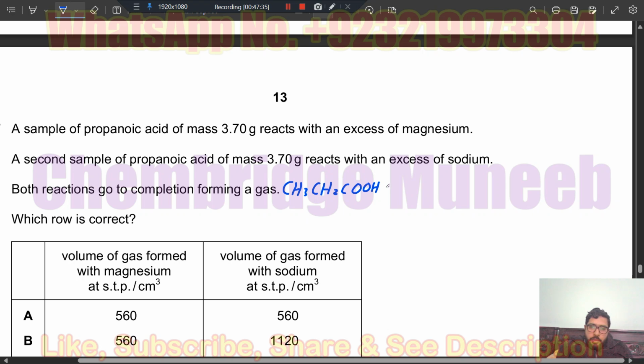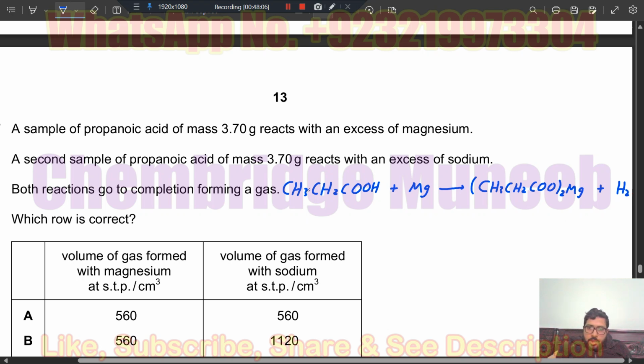Now it reacts with the magnesium, and as a result of this there is a formation of salt of magnesium plus hydrogen gas. So it is the acid and metal reaction. So (CH3CH2COO)2Mg plus H2.